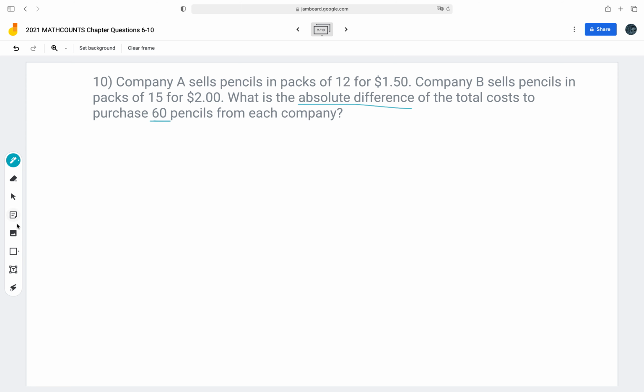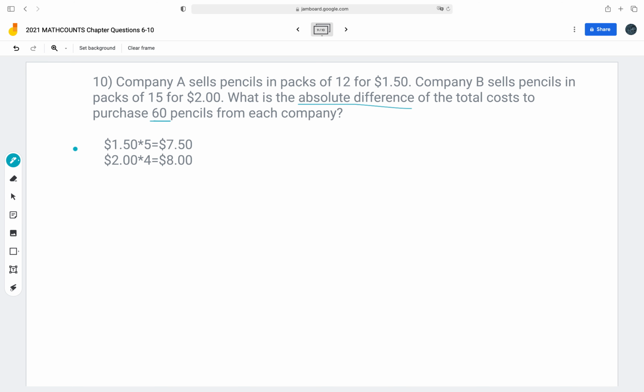So if we want 5 packs of company A, we have $1.50 times 5 equals $7.50. And for company B, we want 4 of those. So we have $2 times 4 equals $8.00.